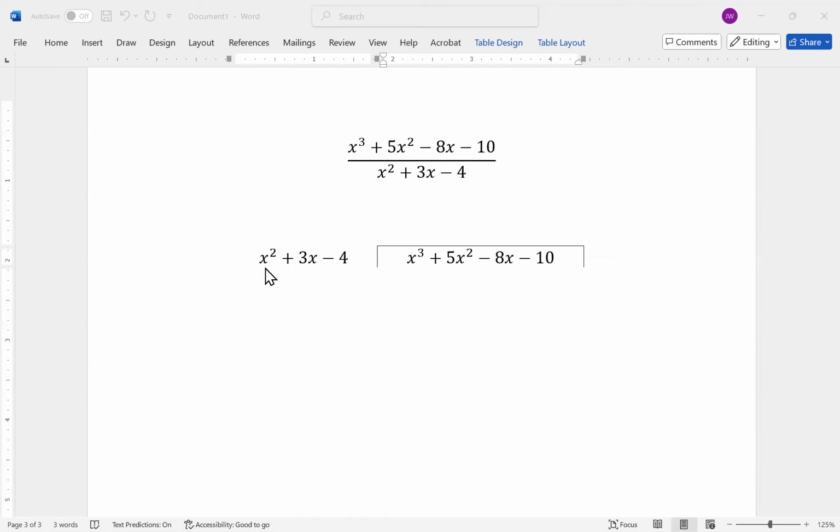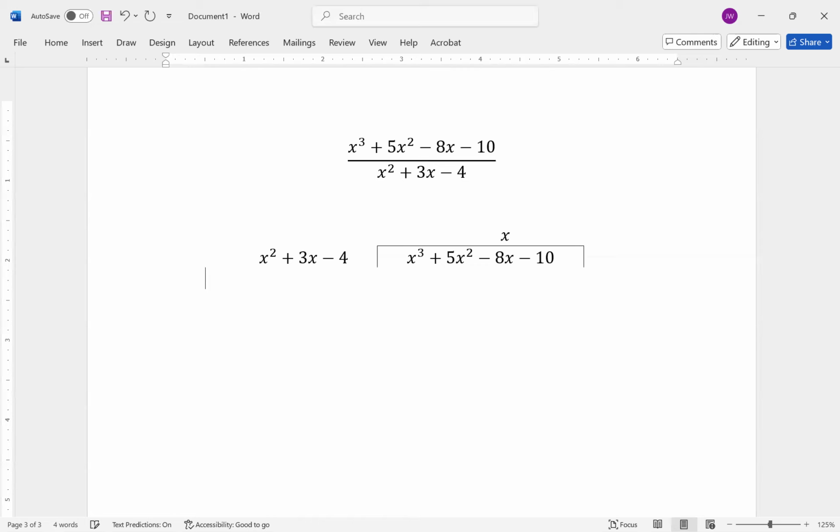Then I ask, what do I need to multiply x squared by to get an x to the third? Well, the answer to that is an x. So I write it above the minus 8x, because all of that is x to the first.